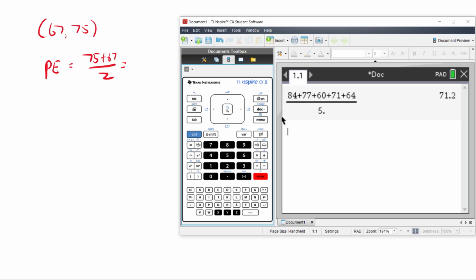Well, to find your point estimate between those two, you could simply take 75 plus 67 divided by 2. In which case, what will we get there?